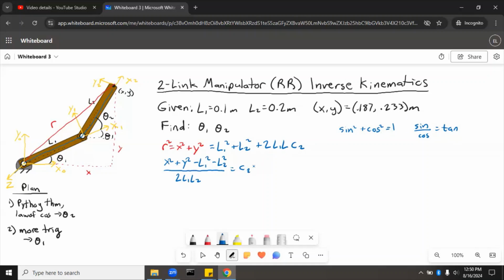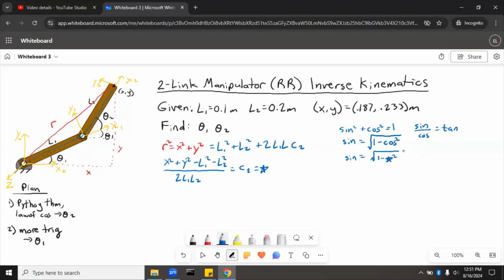Call cosine of theta 2 equal to star. Then sine equals the square root of 1 minus cosine squared, so sine equals the square root of 1 minus star squared.